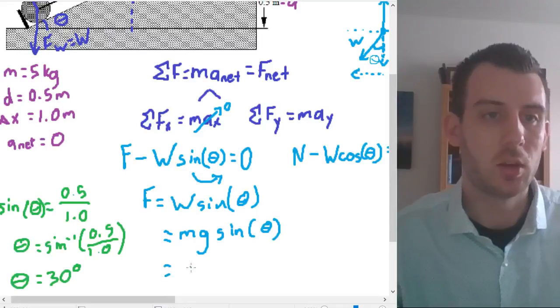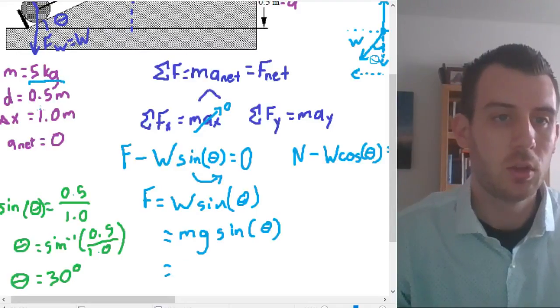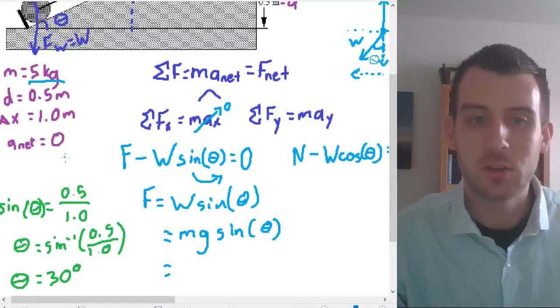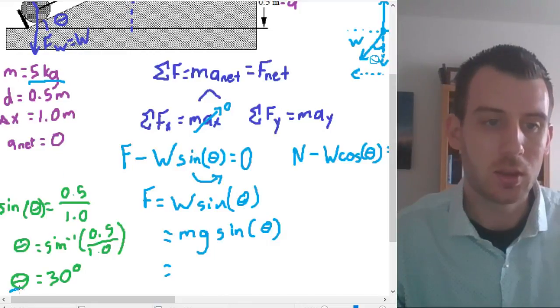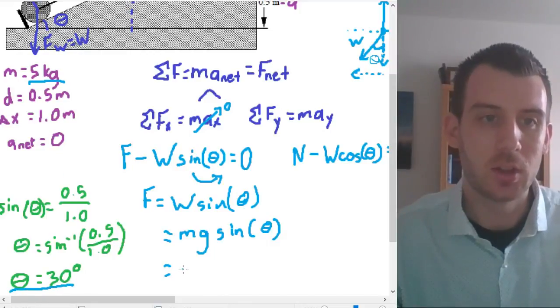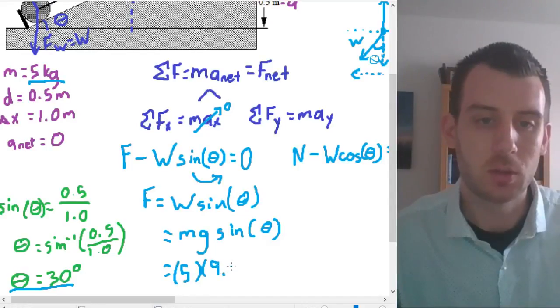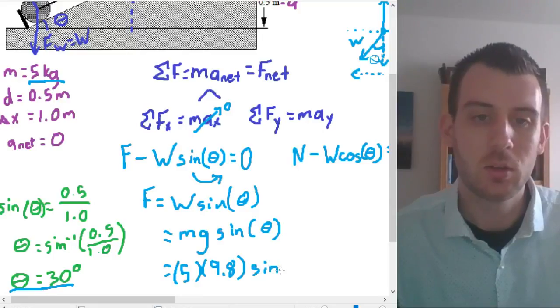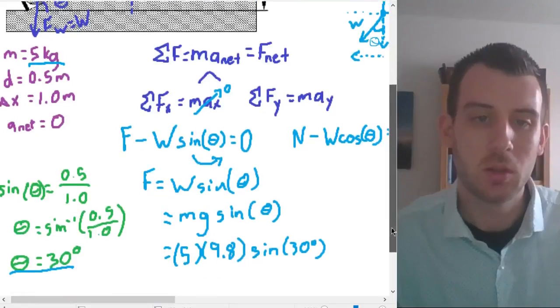And now I can plug in everything I know because I know mass, I know gravity because that's a given, and theta I calculated down here. So I could say 5 kilogram object times the gravitational constant of 9.8 meters per second squared times the sine of the angle 30 will get me my force.